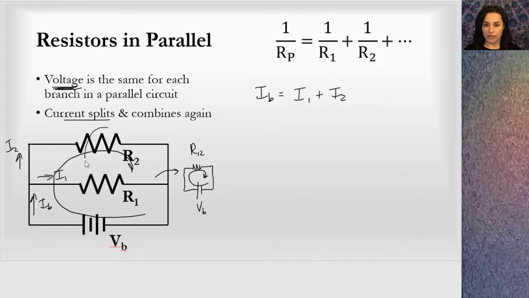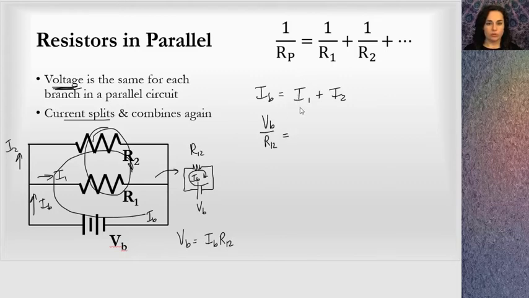If I simplify these two resistors down to one resistor, this current I battery is going to be the same current I battery here. So V battery equals I battery times R equivalent, R12, or I battery is V battery over R12.